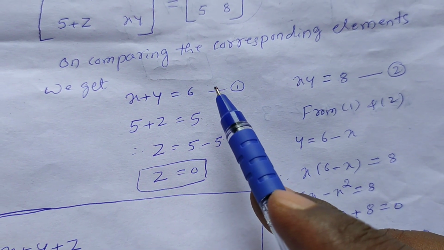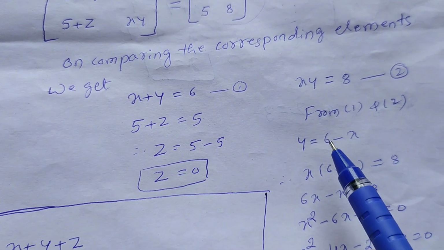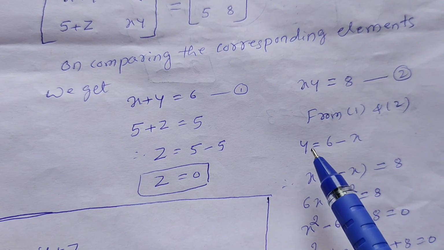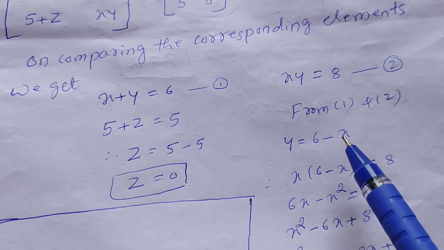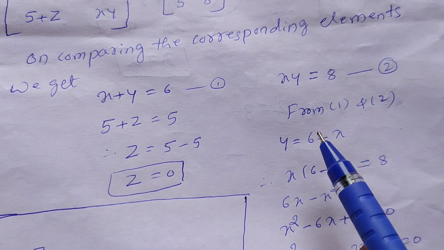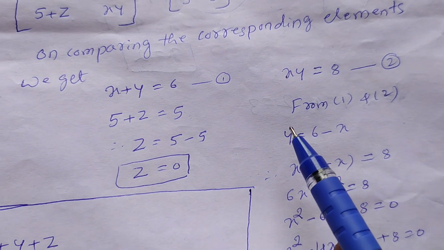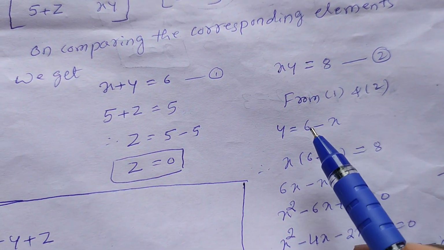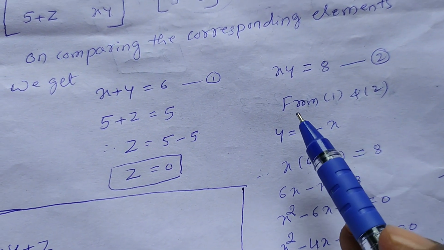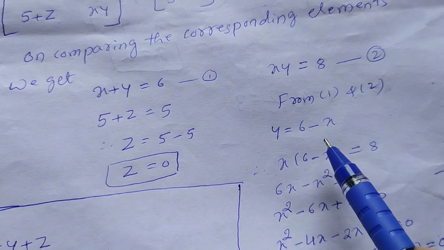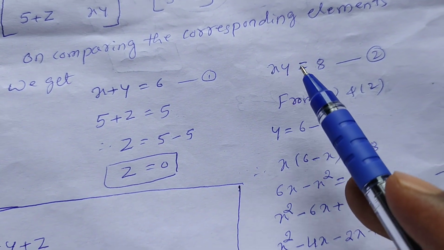But here we are transferring the x to the right side and it becomes y is equal to 6 minus x. So put the value of y, that is 6 minus x, in equation number 2.